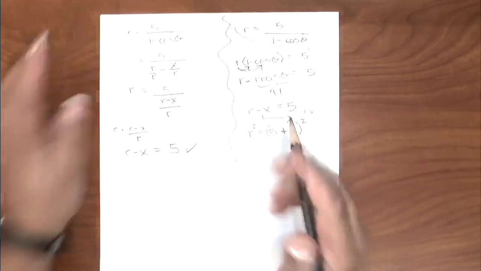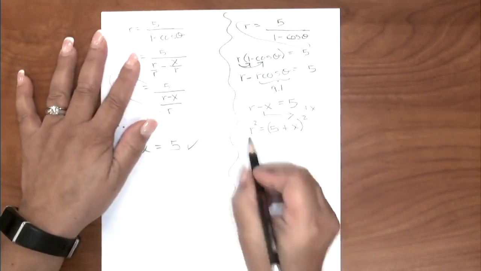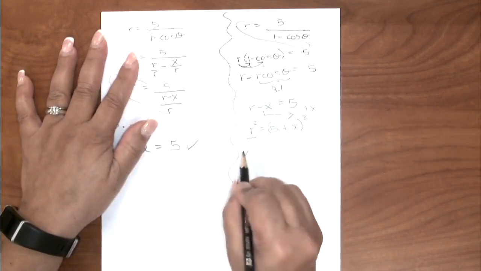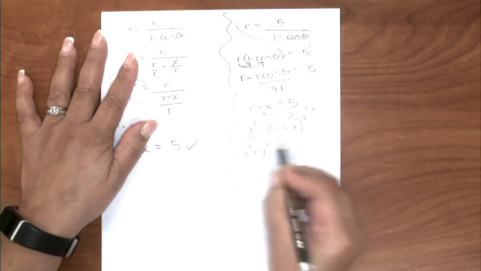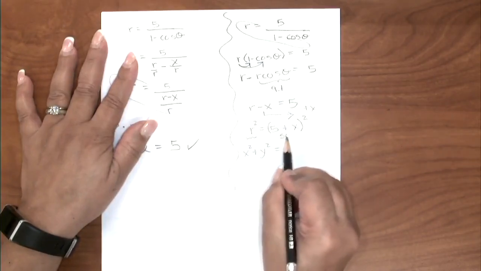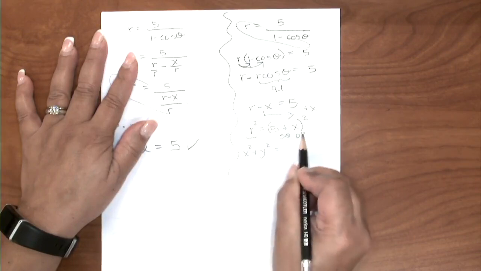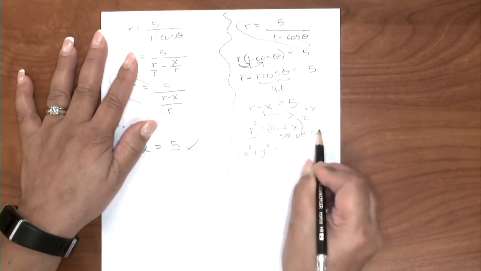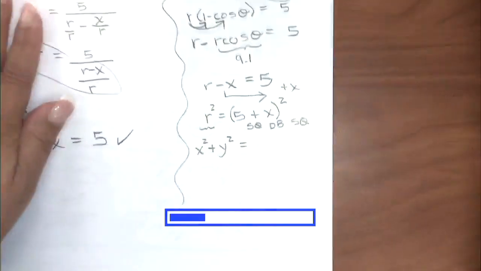Now I can get rid of my last evidence of the polar type information. I can replace r squared with its definition. And then I can square this out. The shortcut for squaring a binomial is square, double, square. Let me practice that again with you because you should be using that by now.